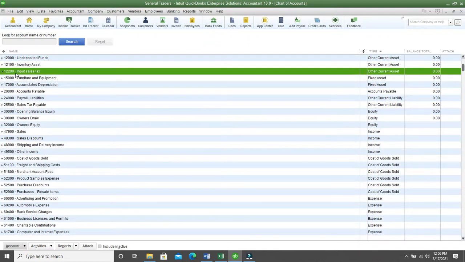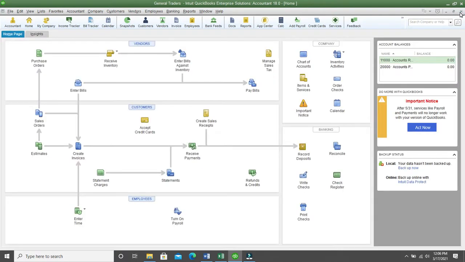So now I have this account, input sales tax. The QuickBooks sales tax management does provide for recording sales tax on each sales invoice, but this sales tax management does not provide for applying input sales tax on a vendor bill. So what is the option for me?